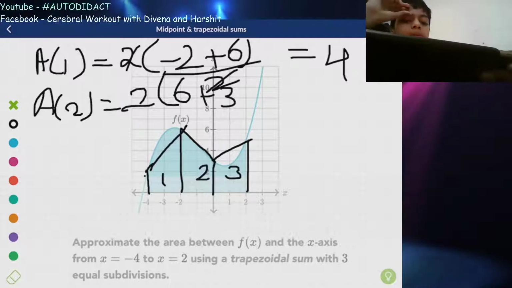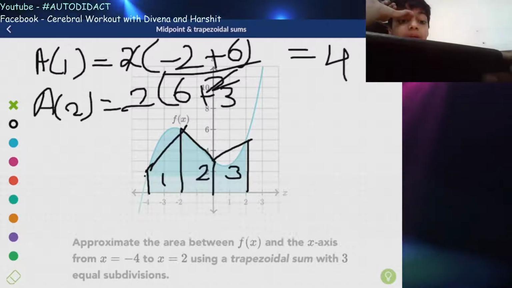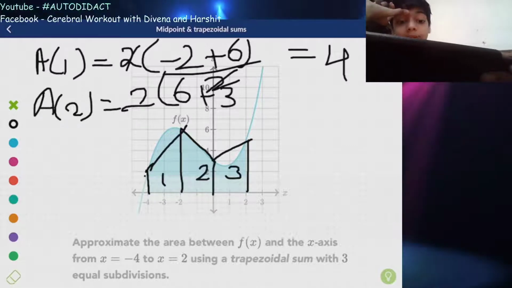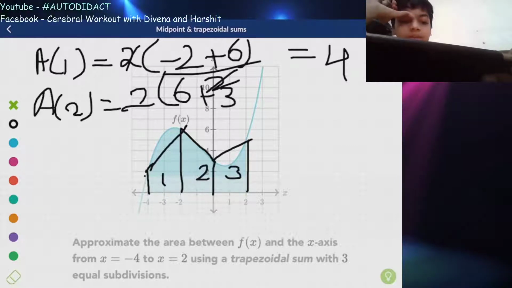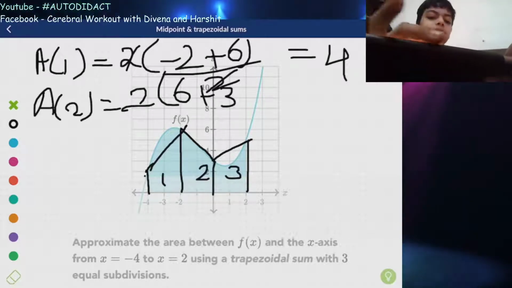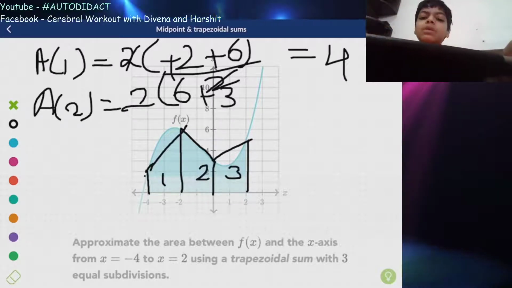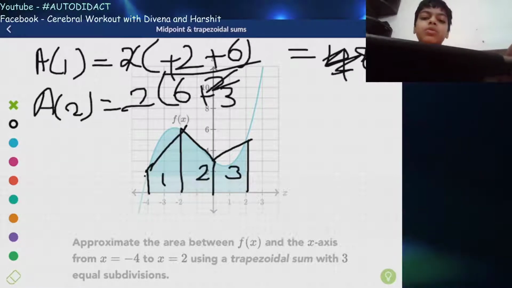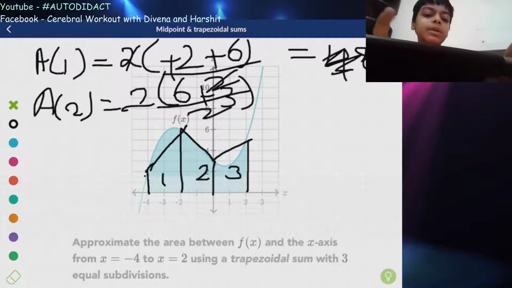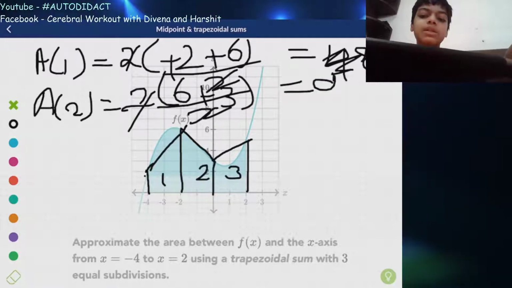So this will just be equal to, where did -2 come from? This was just f of -2. F of -2 is just equal to 6, and f of -4 is just equal to 2. This was positive 2, not -2. So this is just equal to 8, not 4. So this is just equal to 9. You can divide by 2, so 2's cancel out, and we are just left with 9.